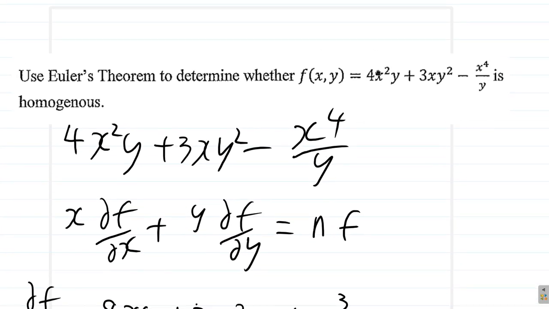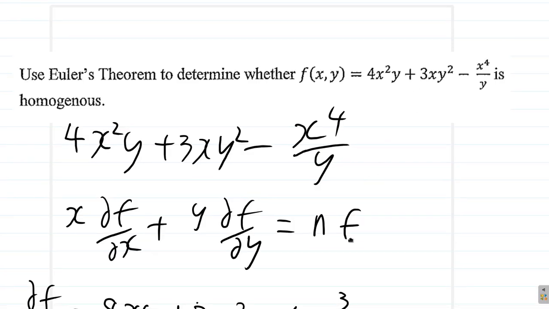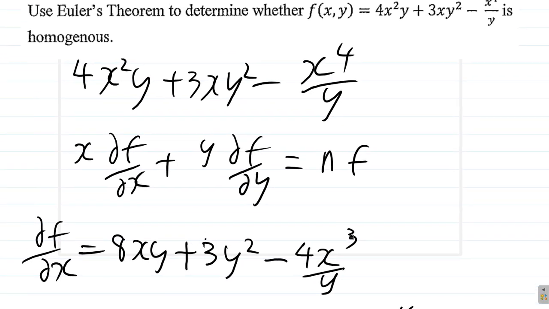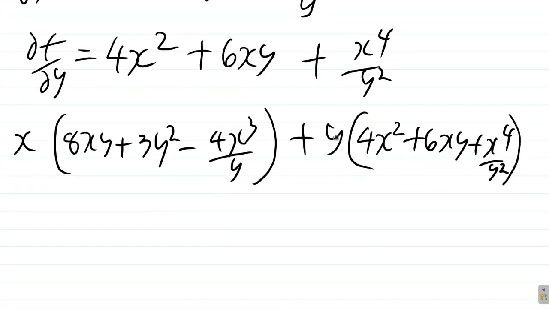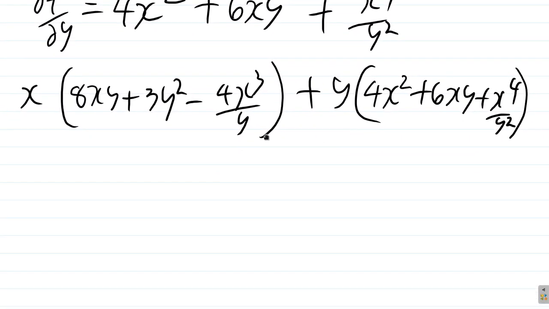If you get a number times the original function, then it means that the function is homogeneous, and that number is the degree of homogeneity. So what happened here now?